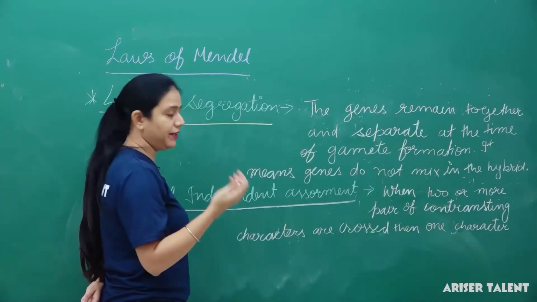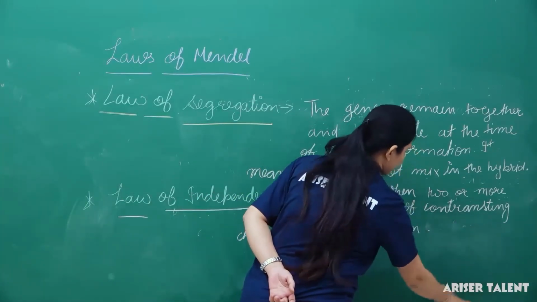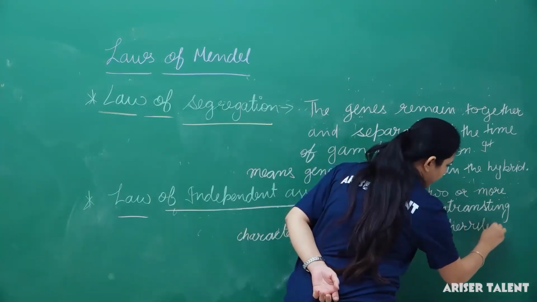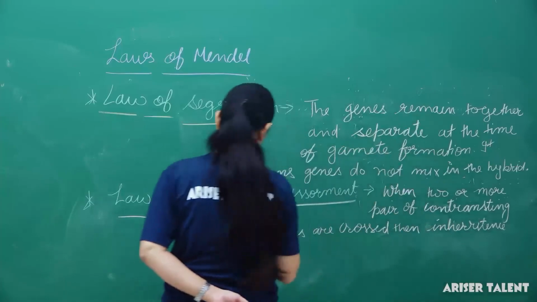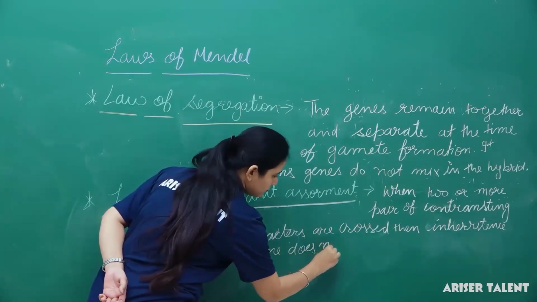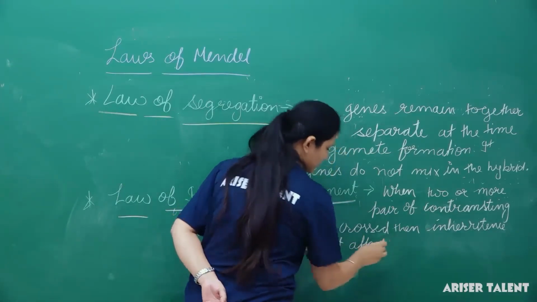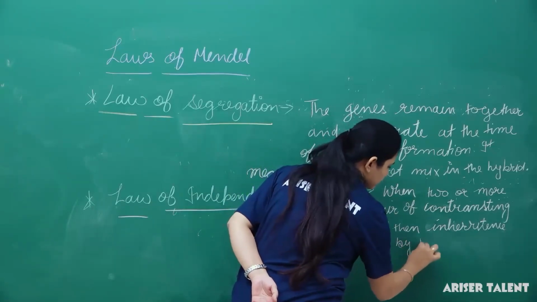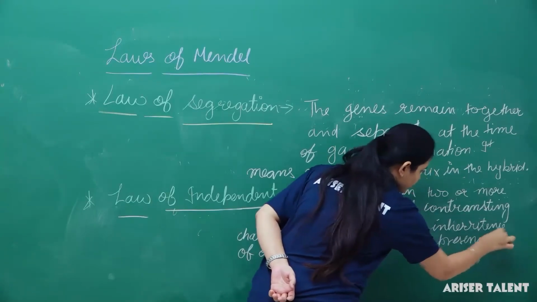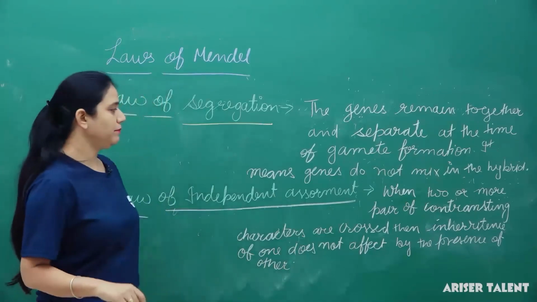Then the inheritance of one is not affected by the presence of the other. Okay, so this is the law of independent assortment.